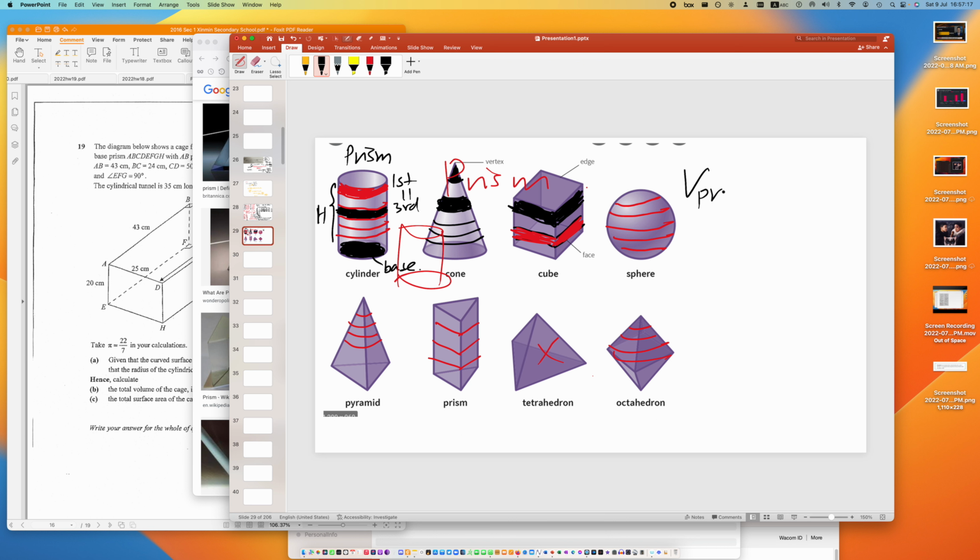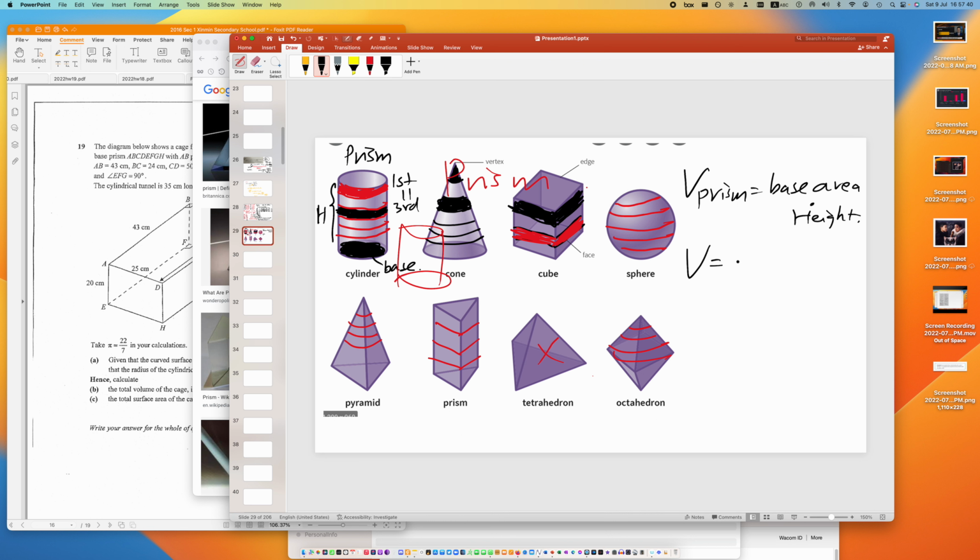Yes. Okay, so therefore, the volume for a prism is given by base area times the height. Okay? Yes. So therefore, if you look at the volume for the cylinder, it is the same thing as the cube lah. So it's base area.